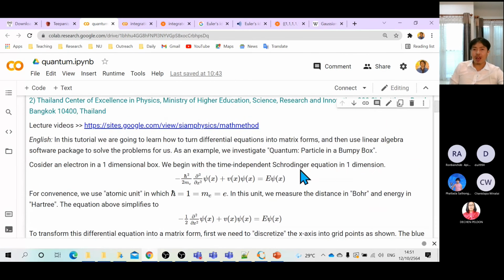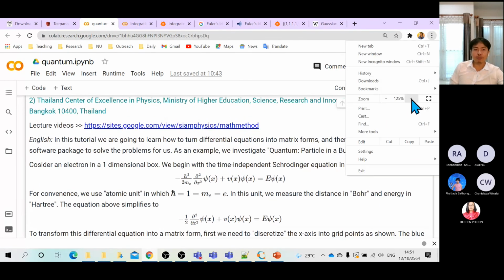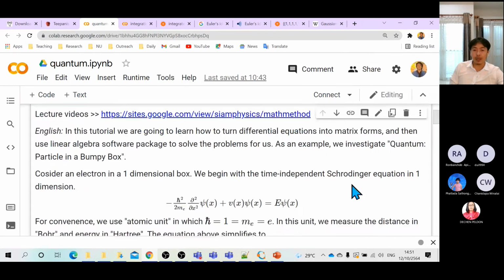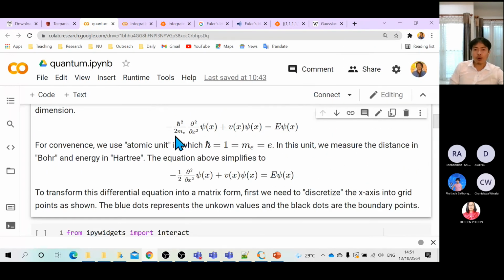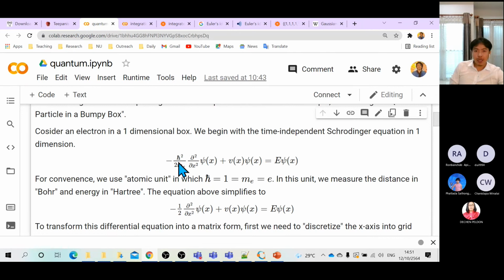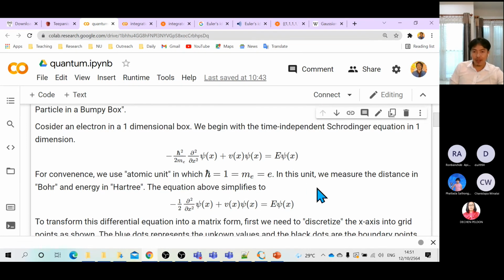Now I have here a simple, brief review of what we are doing. We begin with the Schrodinger equation. We then use what we call atomic units, with h bar, the mass of the electron, and the charge equal to 1. So we have a simple equation like that.